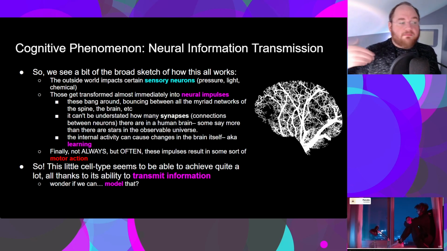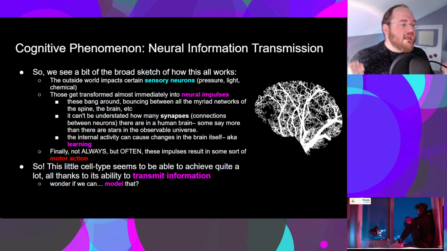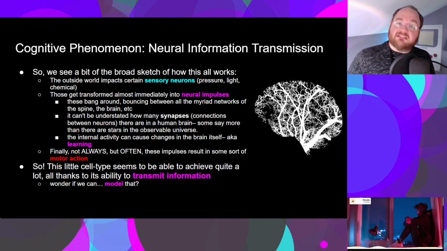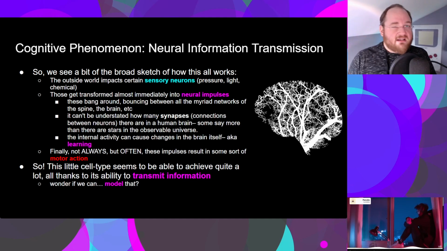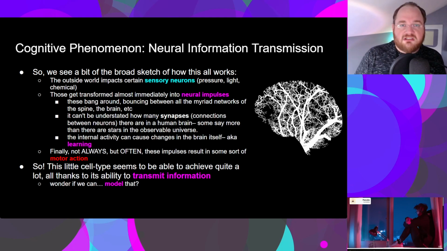The world impacts certain sensory neurons with pressure or light or chemical senses. Those get transformed almost immediately into neural impulses, right? So we get them right into information world, neural information world. And it can't be understated just how many synapses are in your nervous system, especially in the brain. The synapses are the connections between nodes in the brain.